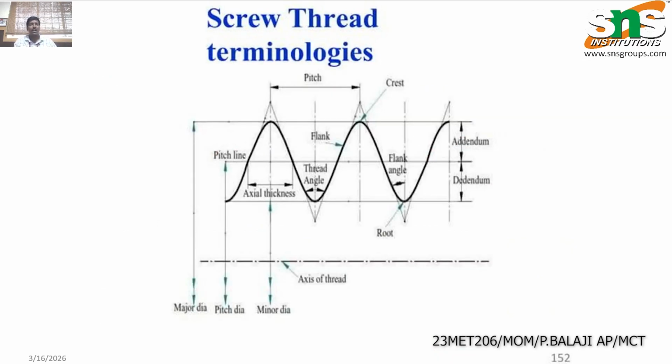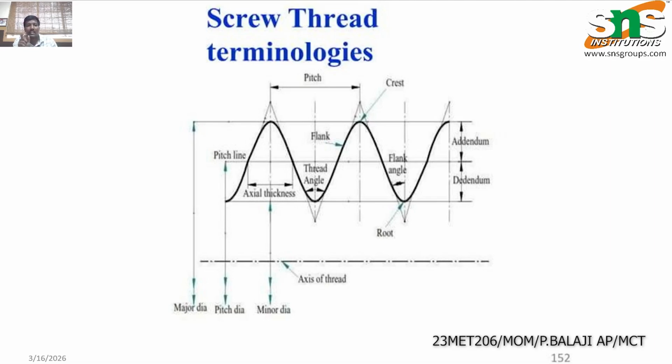Initially, in screw thread terminologies, you can see on the screen the top surface of the thread is called the crest. The bottom surface of the thread is called the root. The distance between every crest is called the pitch.